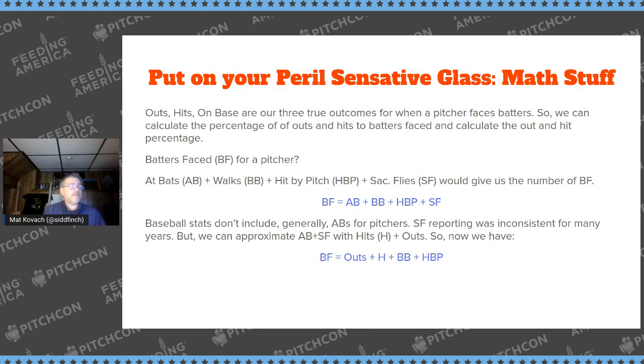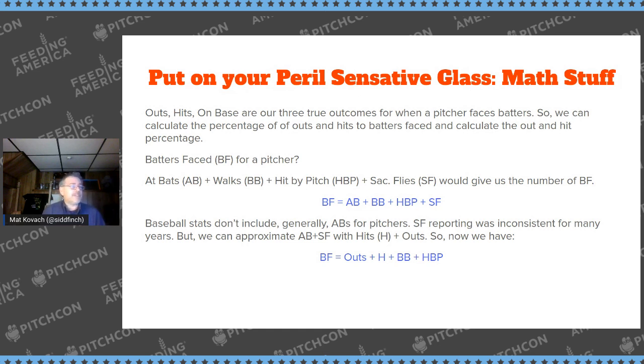The problem we run into is we really don't record batters faced for a pitcher all the way across. A good way is to take your at bats plus your walks plus your hit by pitch plus your sacrifice flies, and that's generally used in the current on base percentage stat.